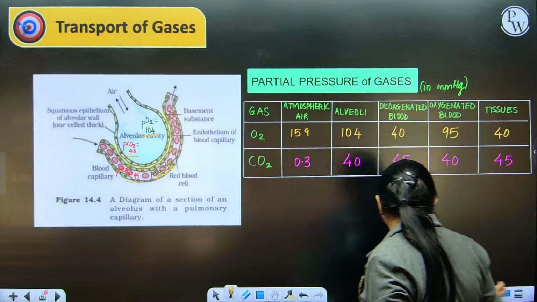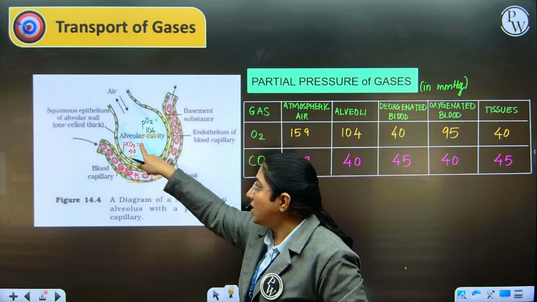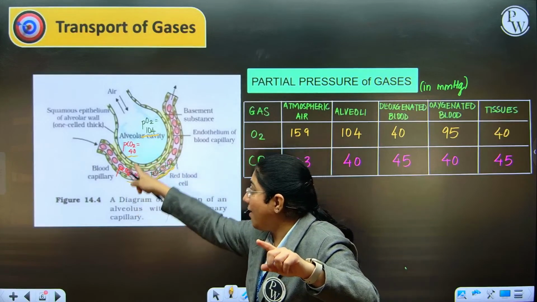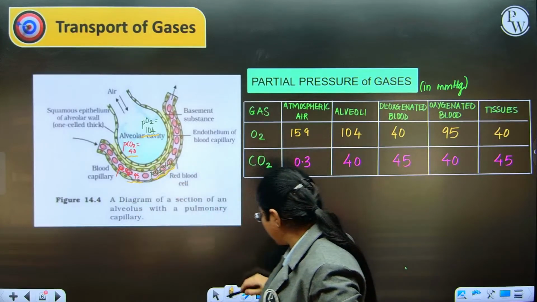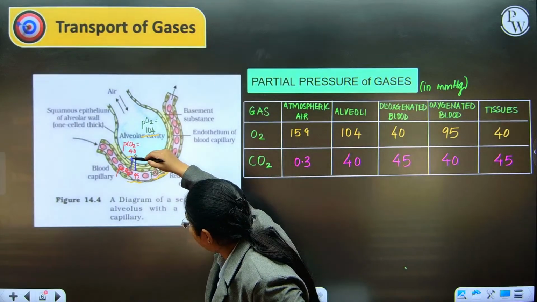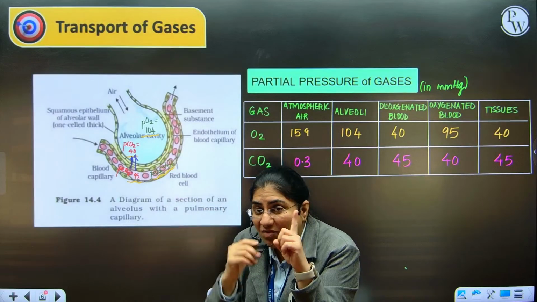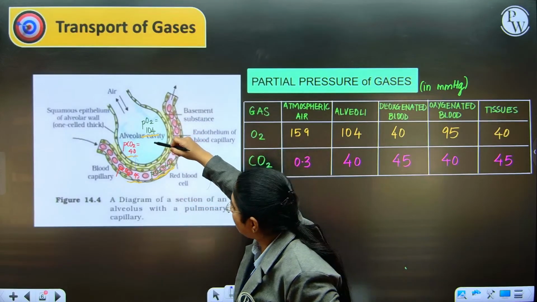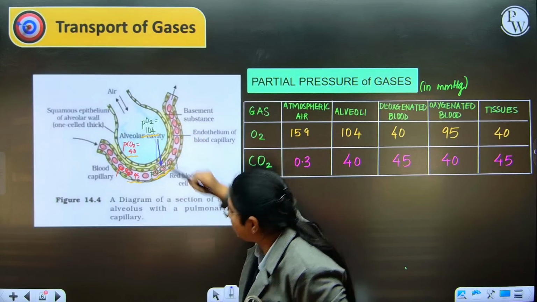Yes, we just said the solubility of CO2. Because CO2 is 20 to 25 times more soluble, the amount of CO2 that will diffuse from the blood to the alveoli in a 1 mm of Hg difference will be much higher than the amount of oxygen that will diffuse into the blood.